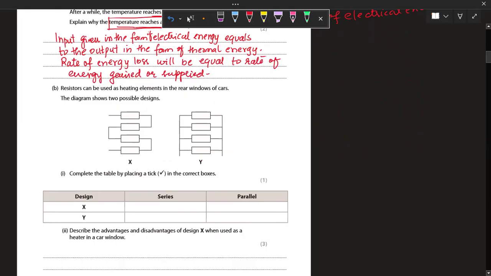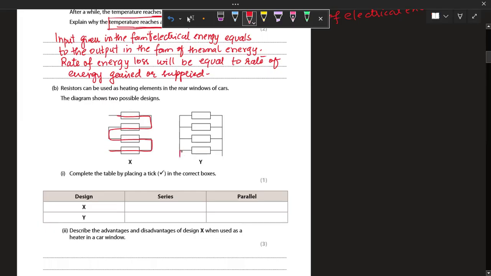Now, this question is about the connection of the circuit, series or parallel. If you can see here, there's only one path for the current to flow, right?